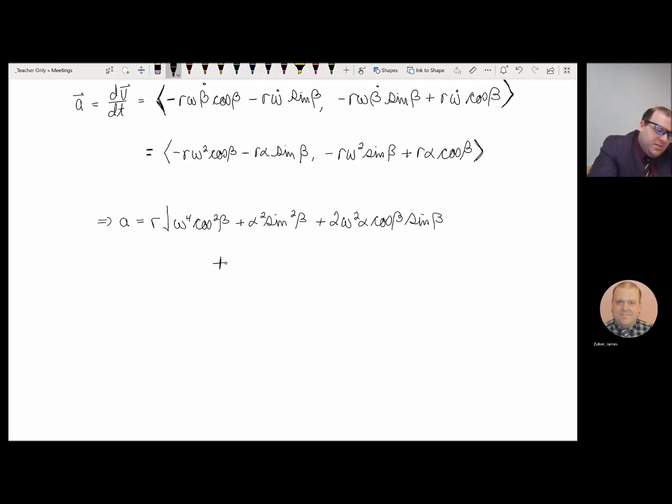Second term: a minus 2 omega squared alpha sine beta cosine beta.